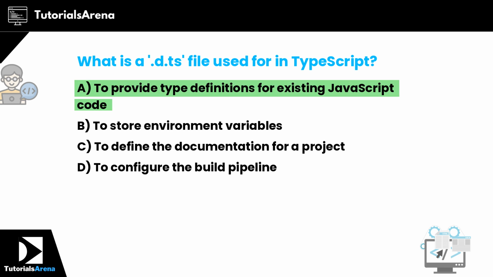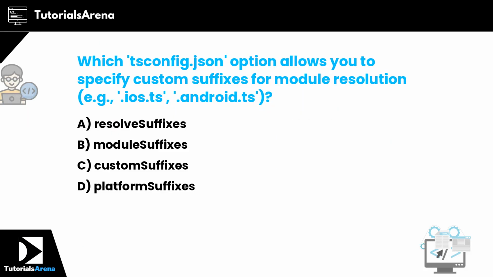The correct answer is option A, to provide type definitions for existing JavaScript code. Which tsconfig.json option allows you to specify custom suffixes for module resolution, e.g., .ios.ts, .android.ts? The correct answer is option B, moduleSuffixes.